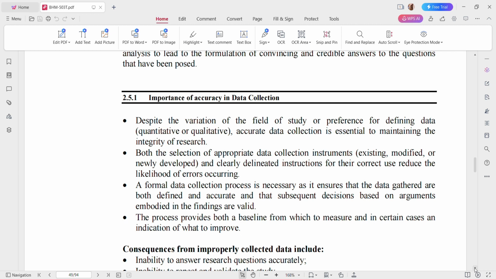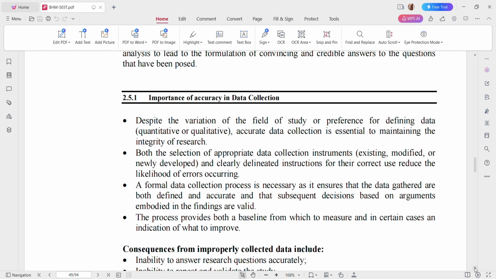Now, if you want to develop new instruments, you have to have it pilot tested. Alright? So what do you mean by pilot tested? It means that you are going to have it done in a separate sample with the same questions, and then you check the Cronbach's alpha of it so that you can get the validity, the percentage of the validity of your instrument.